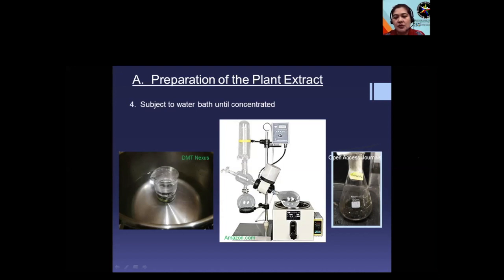Papunta po siya dito sa kabila na glass. Tapos ito ngayon ay magdidistill at babagsak, maiipon ulit dito sa kabilang glass. So kung ethanol ang ginamit mong solvent, pwede ulit magamit yung ethanol na nandito. Naipon ulit siya. Unlike for water bath kasi, talagang ipapa-evaporate mo na yung solvent. So eto na po, naiwan na po ang ating extract.